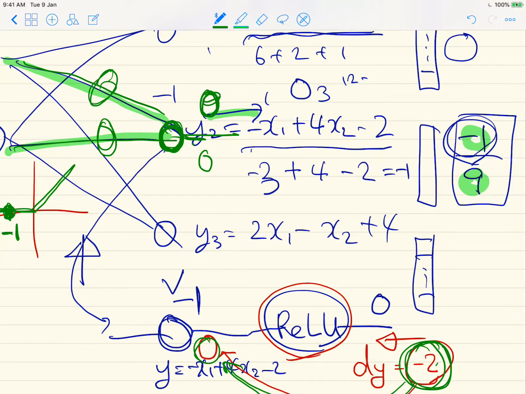And then what does that mean? Those two edge weights will have no chance to get updated, right? So this is called the dead ReLU, because the ReLU output is always turned off for each of our training data, right? So that is called the dead ReLU.